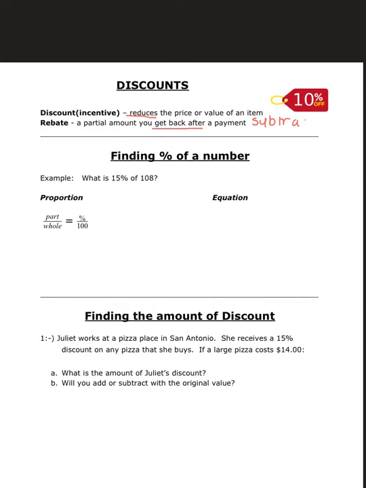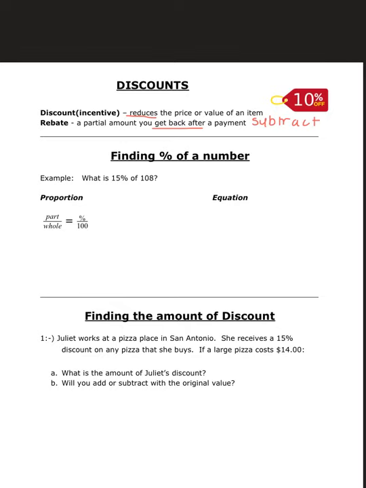So for today, compared to the tax, tip, or markup where we added to the original amount, for the discount we're going to be subtracting that amount from the original. Review of finding percent of a number again. The example I have today is, what is 15% of 108? So we have the proportion and the equation option.